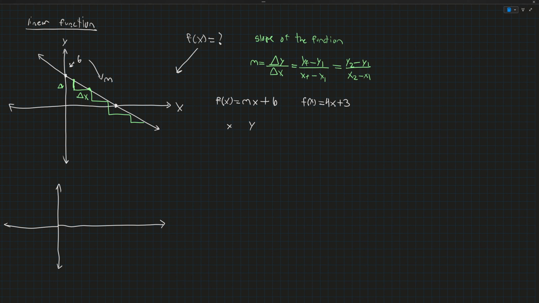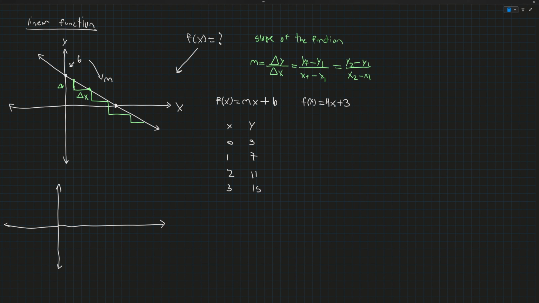So when x is equal to 0, y is equal to 3, because remember f of x is another way of saying y. When x is equal to 1, this becomes 4 plus 3, which is 7. When x is equal to 2, this becomes 2 times 4 plus 3, which is 11. And then 15, and so on and so forth.